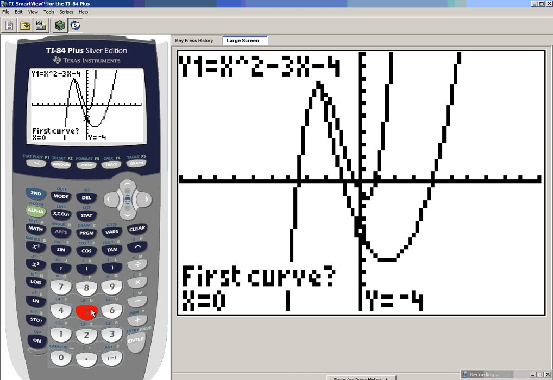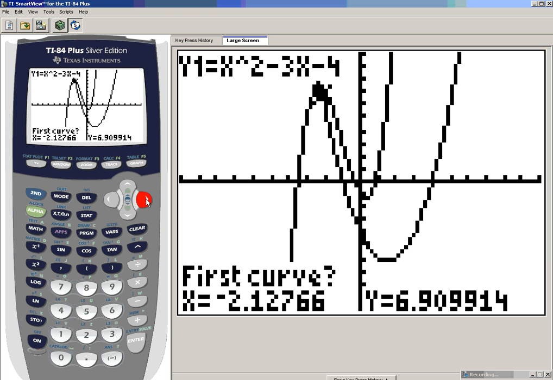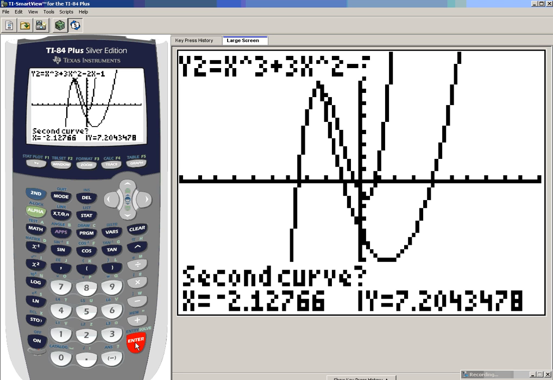Again, it's going to ask you a couple of questions. What first curve? So in other words, if you have multiple equations, and in our case we only have 2. So what's the first curve that we want to find the intersection of? And now, if there are multiple intersection points, move the cursor close to where that intersection point occurs before you select your function. In this case, there's the first curve, and it tells you that it's selecting equation y1. Hit enter.